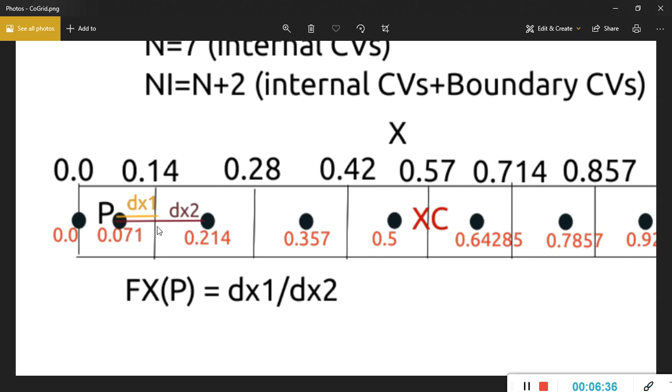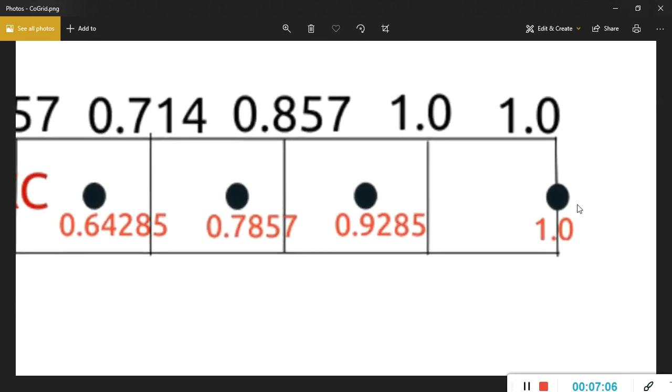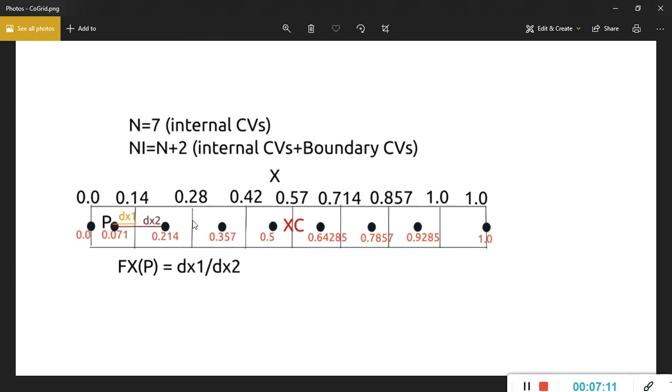This grid has uniform spacing, so without even calculating, you know that the interpolation factors will be half, 0.5, because this distance divided by this distance will give you an interpolation factor of 0.5. So the cell face value will be whatever the value is at P multiplied by half plus whatever the value is at E multiplied by half. But when you go to the last control volume, the interpolation factor there will be 1.0.